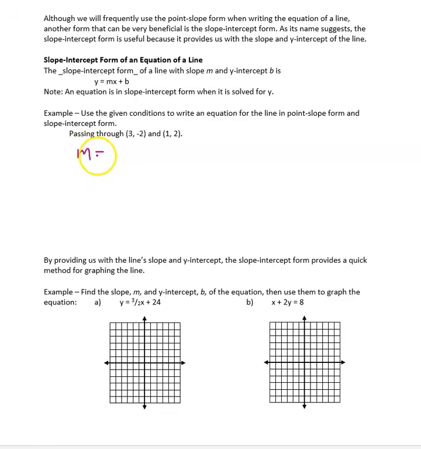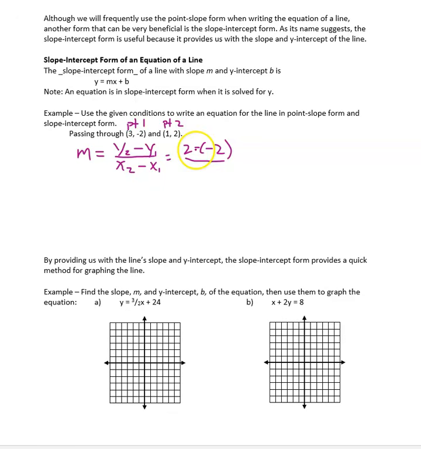So m is equal to y2 minus y1 over x2 minus x1. So if I call this point 1, and I call this point 2, then I will end up with 2 minus a negative 2, and again, be careful, don't lose either of your signs there.